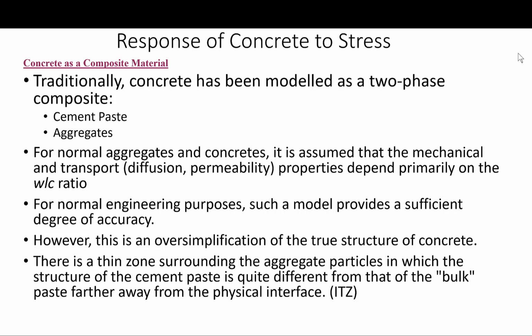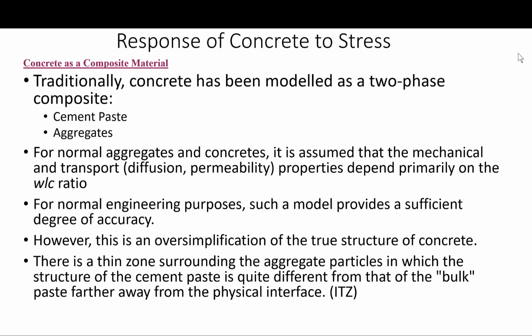For normal aggregates and concretes, it is then assumed that the mechanical and the transport properties, basically diffusion and permeability, depend primarily on the water-cement ratio. For normal engineering purposes, such a model provides a sufficient degree of accuracy.